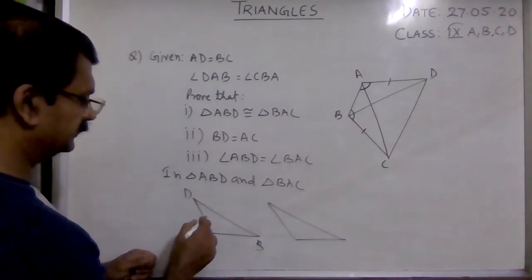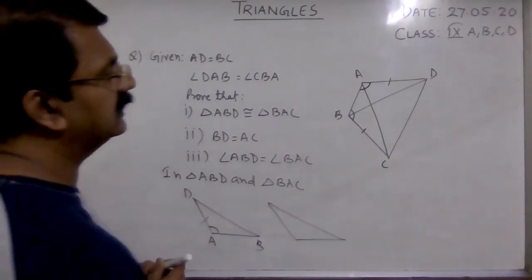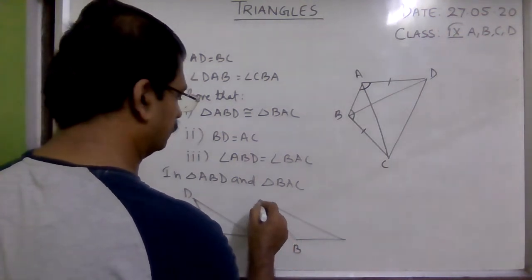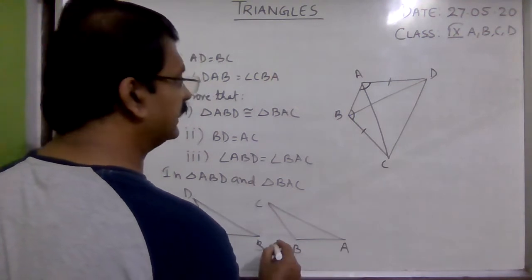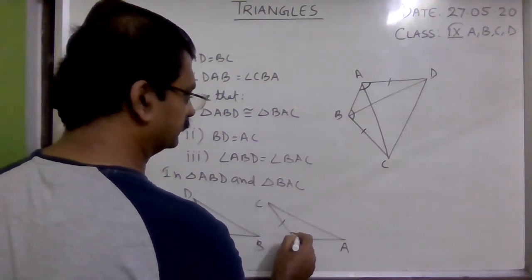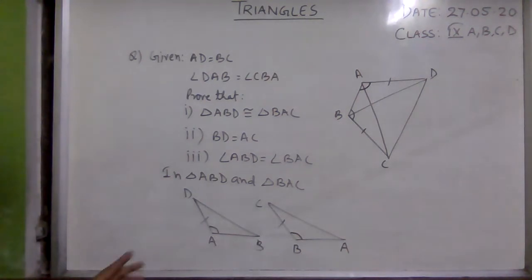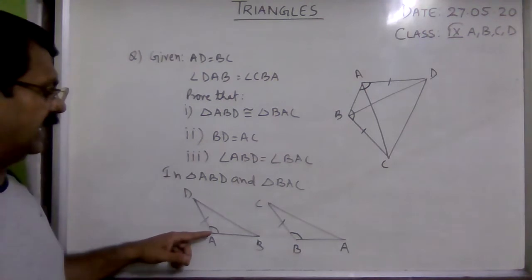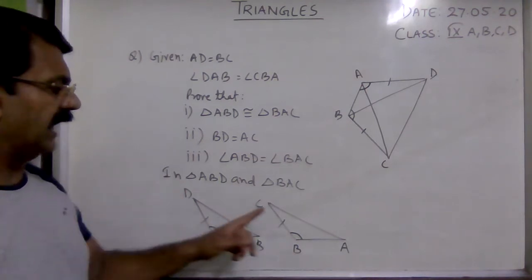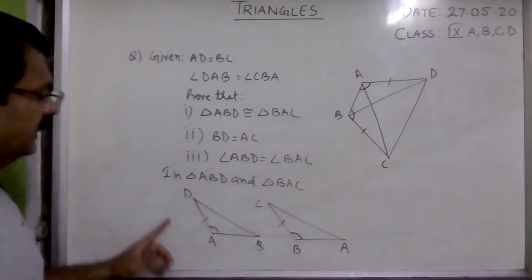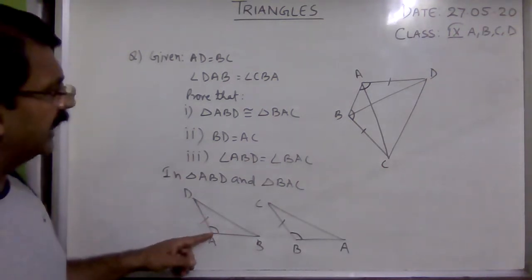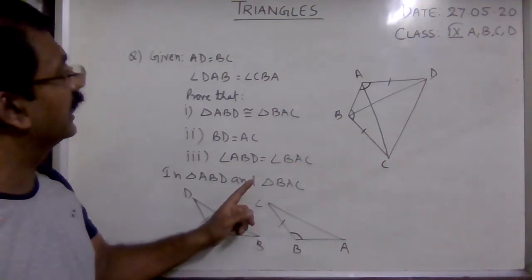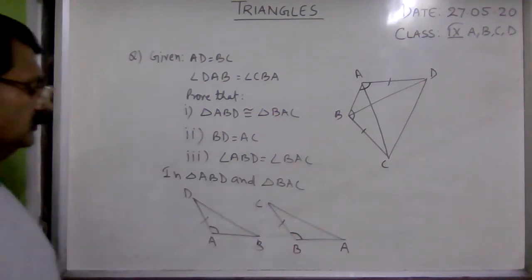This is ABD and BAC. Now see, we have made the two triangles separately. Now it is given in the question that AD is equal to BC and angle DAB is equal to angle CBA. It is given.